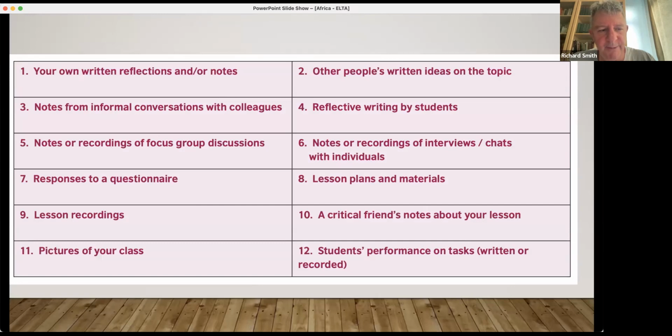So this is the teacher's perceptions, your own perceptions. Could you write some numbers in the chat, if you don't mind? Just write the number of the kind of data that would be useful.